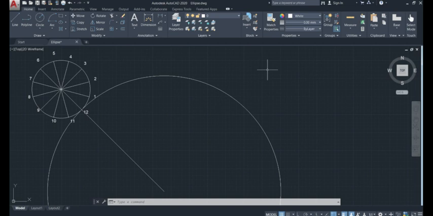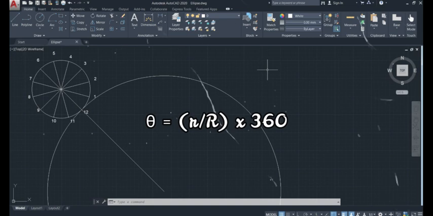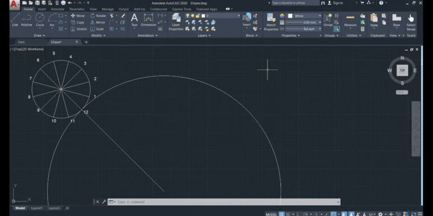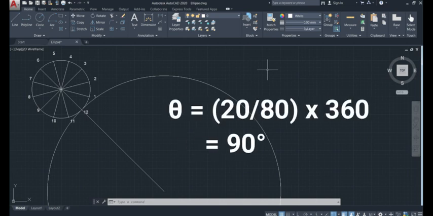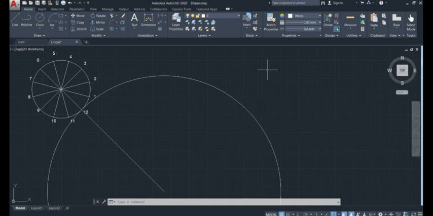We have already seen that angle of sector is equal to small r by capital R into 360 degree, where small r is the radius of generating circle, capital R is the radius of directing circle. So here small r is equal to 20 mm, capital R is equal to 80 mm, and we will get an angle of 90 degree.